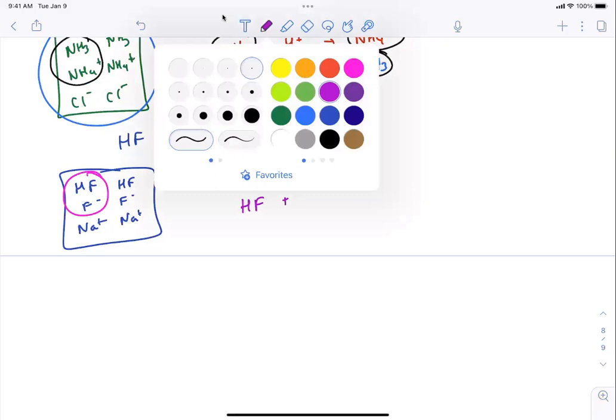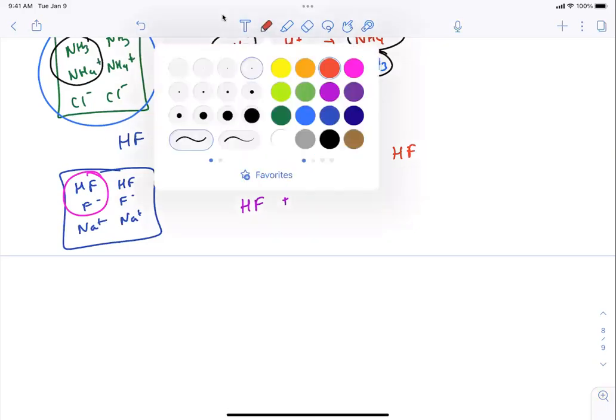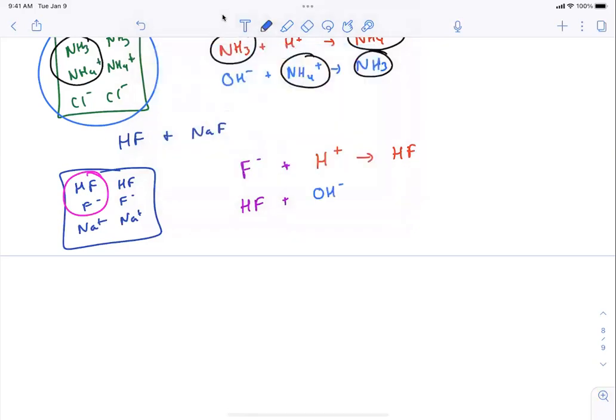What's F minus going to be absorbing? What would F minus have to absorb to produce its conjugate? An H. Because when it absorbs H, guess what it forms? HF. So HF is capable of absorbing OH minus to form H2O and F minus.